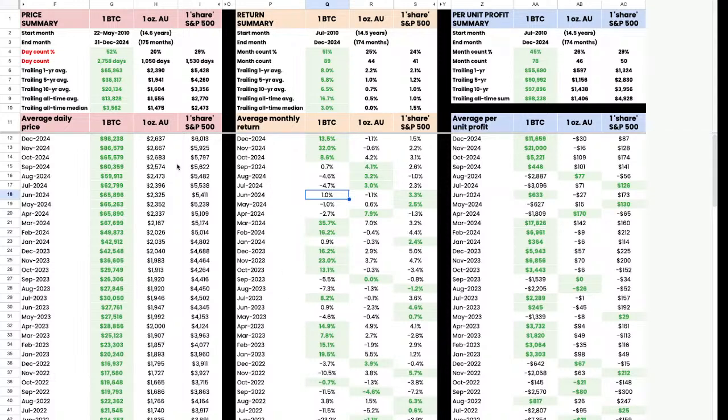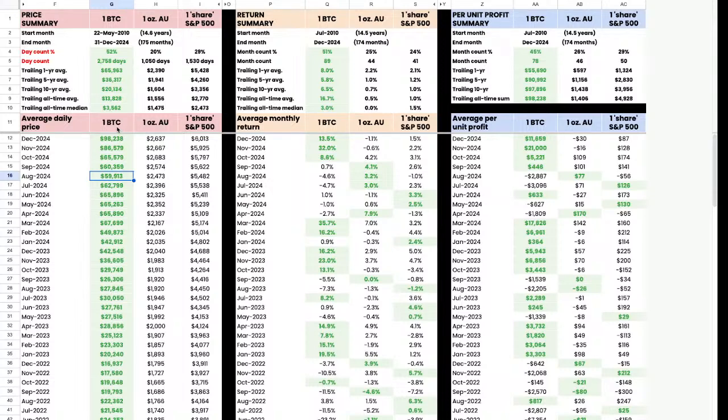Okay. So we have three main columns here between these black bars. We're looking at price, returns, that is percentage gains or losses, and per unit profit. It's just a Google spreadsheet. You could do this in Excel or wherever. You can do it in Python, but I think this is just the easiest way to put these things together for now.